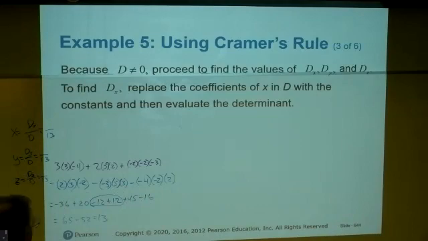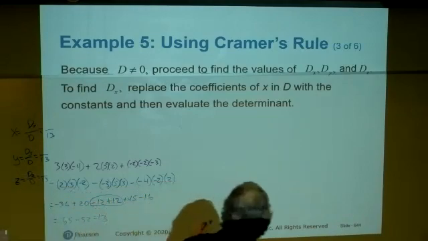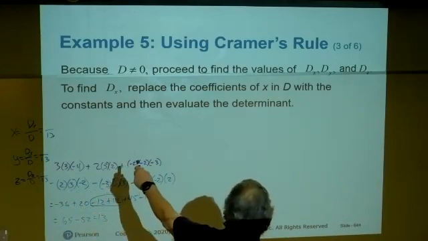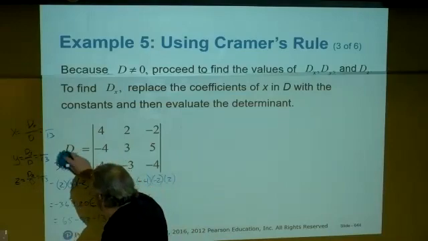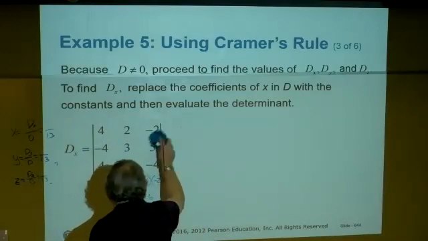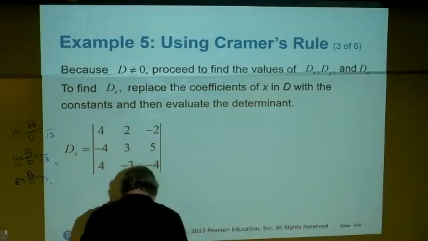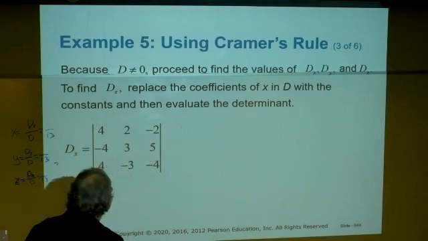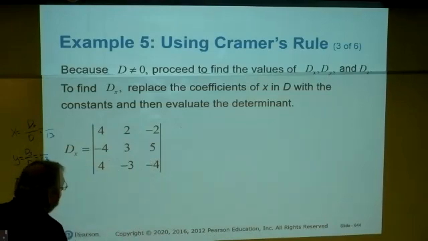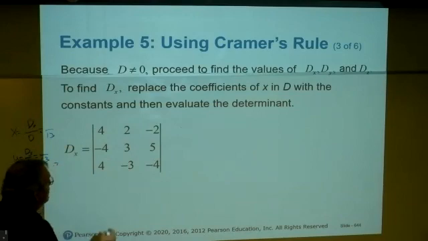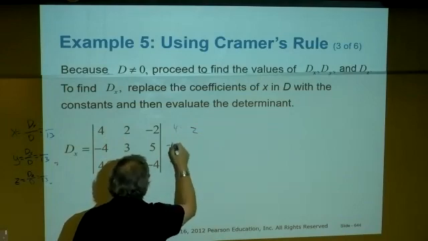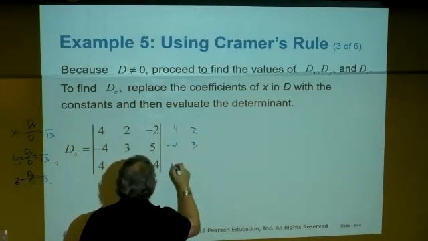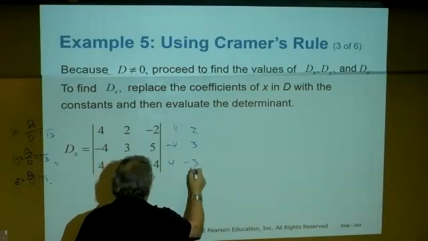So now we're going to replace the x coefficients with the constants. And we have this matrix, this determinant to find. And I like to show both methods. So I'm going to rewrite this 4 and a 2, a -4 and a 3, and a 4 and a -3.